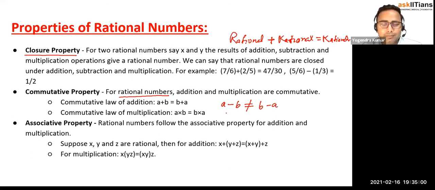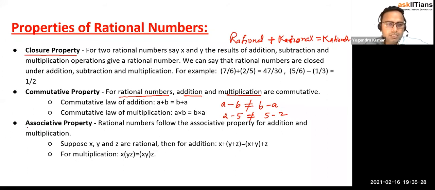You can understand, 2 minus 5, is it equal to 5 minus 2? No, right? But for addition or product, it is true. Division also is not. So commutative property is followed by addition and multiplication, but minus or division will not follow it.